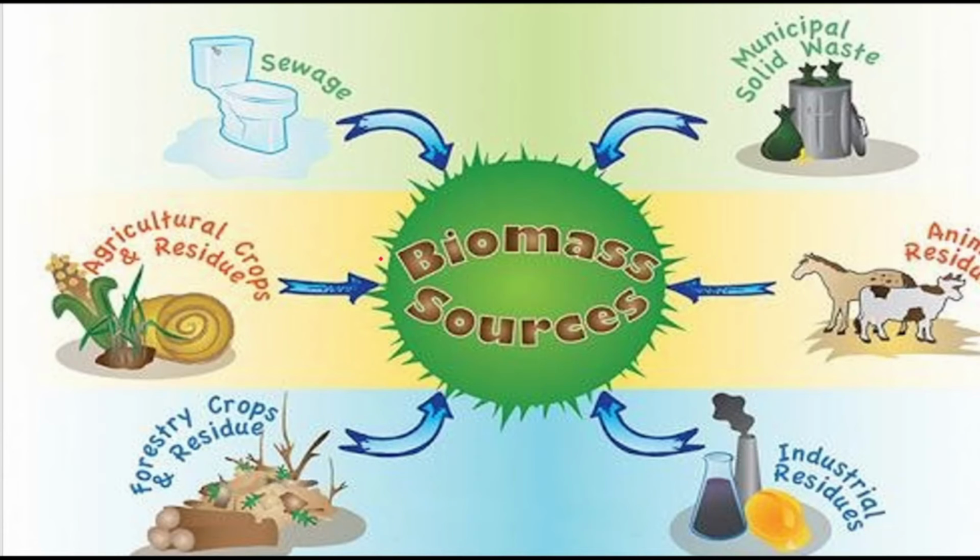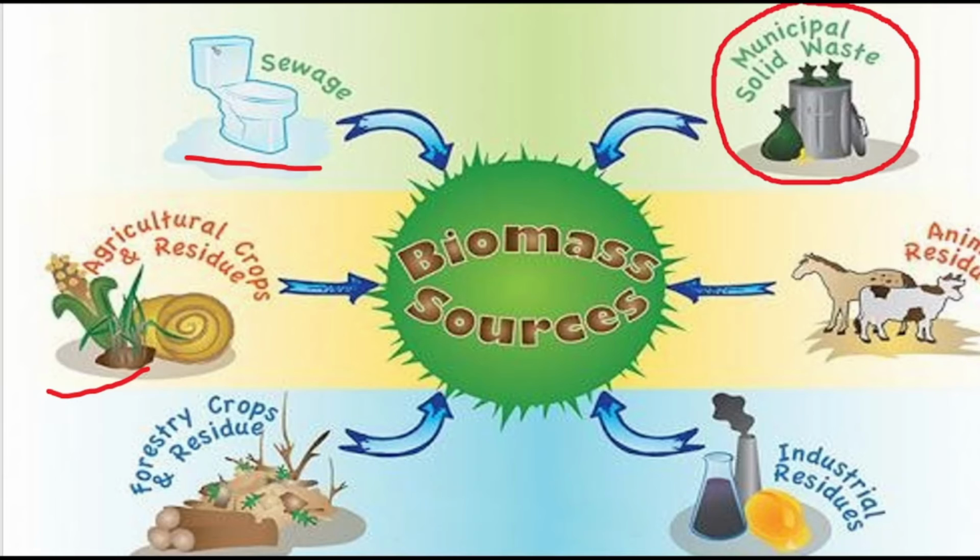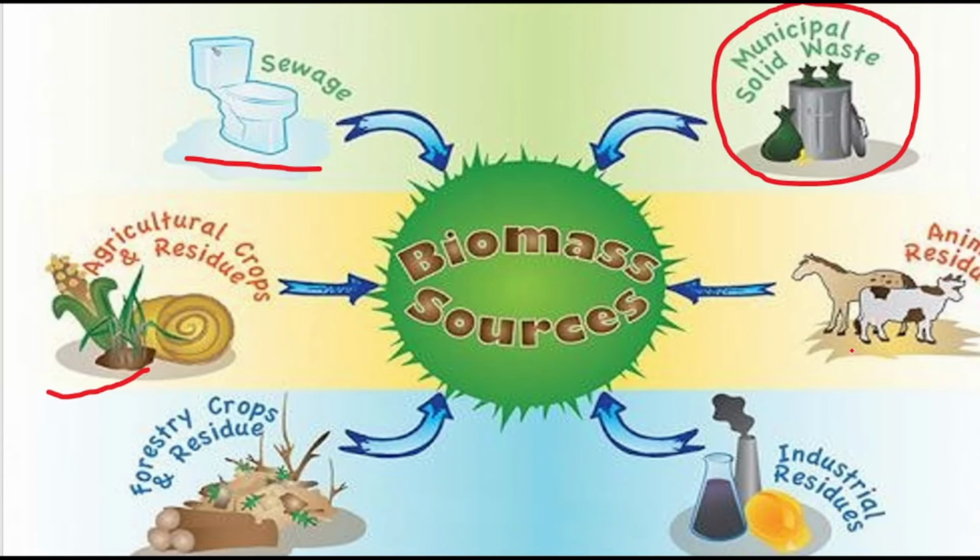Let's start with agriculture, crops and residues. We can use agricultural crops and residues. We can use sewage as a source for the biogas plant. Also solid waste, municipal solid waste, and animal residues like cow dung.